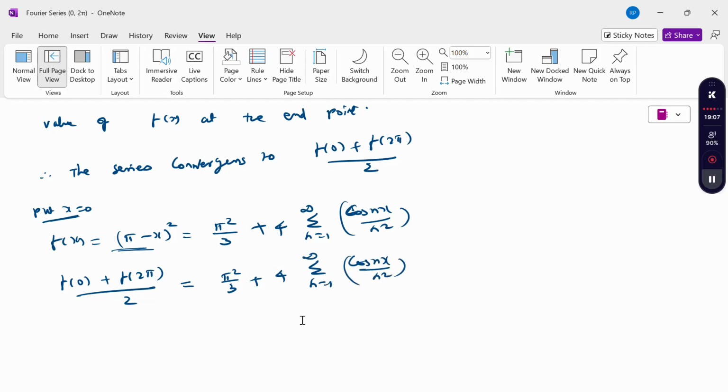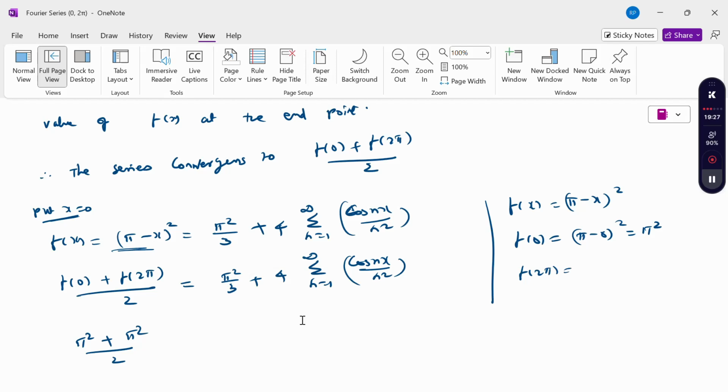So for this, f of 0 plus f of 2 pi, by 2, because f of x is pi minus x square, f of 0 is pi minus 0 square, pi square, f of 2 pi is pi minus 2 pi square, this is minus pi whole square, equal to pi square. So this is the term.